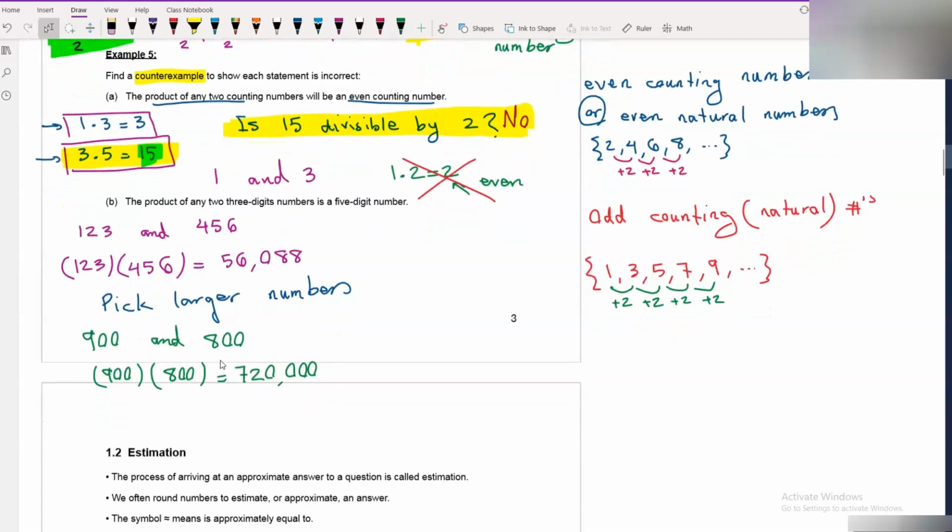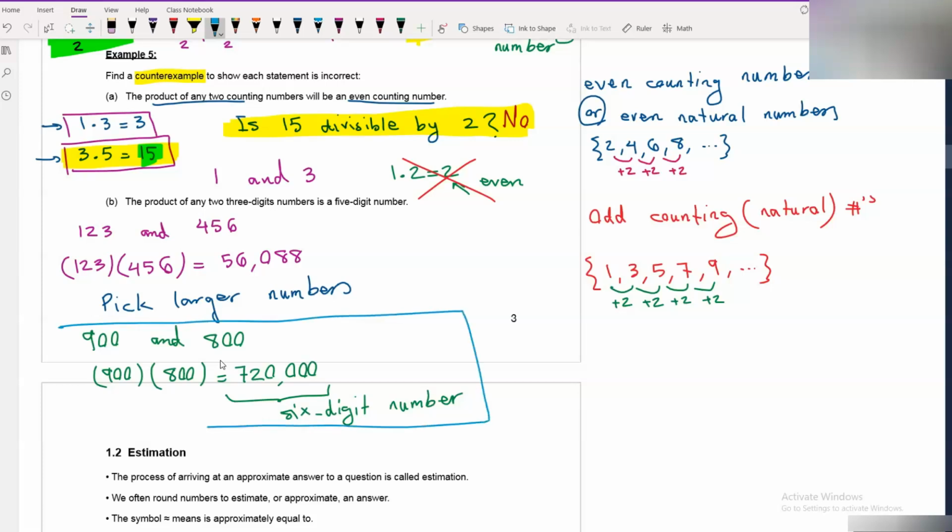It's not 5. Meaning this one is a counterexample.